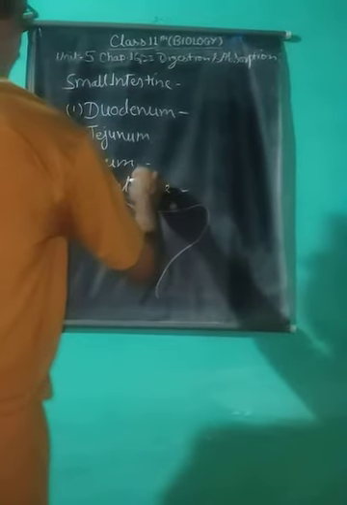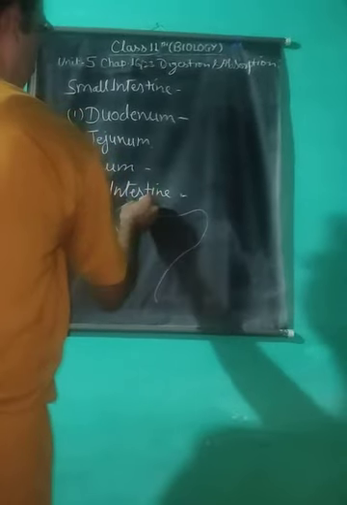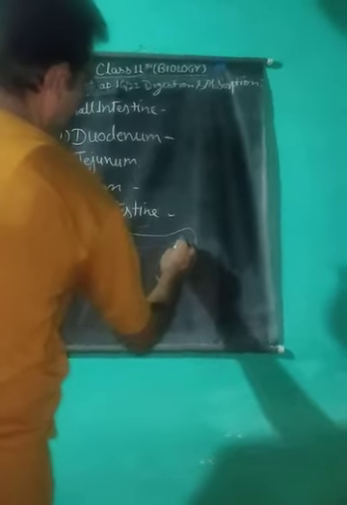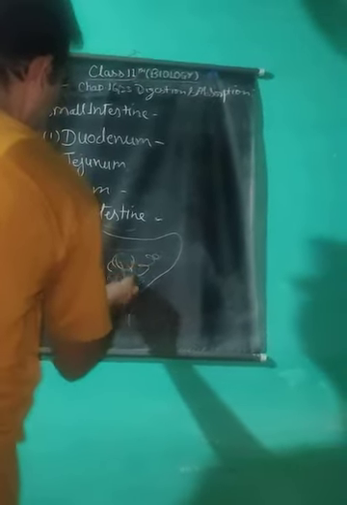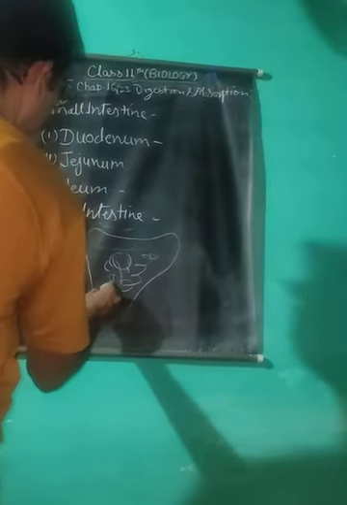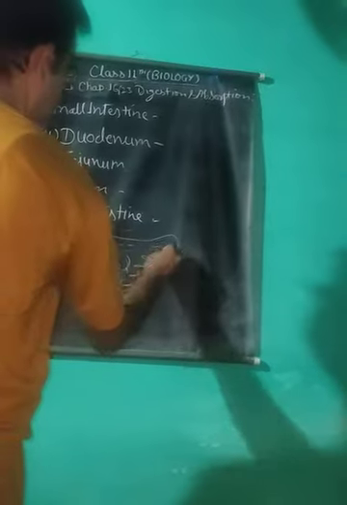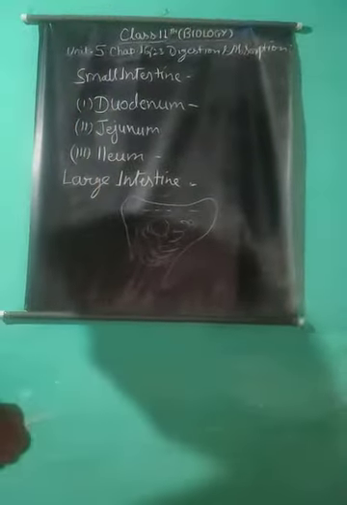Here is situated stomach. From stomach it starts duodenum and then small intestine in coiled form, which opens into large intestine in the cecum part of large intestine. Last part of large intestine is rectum.